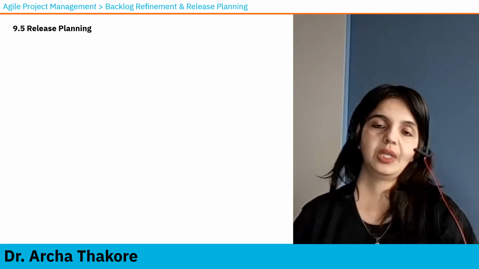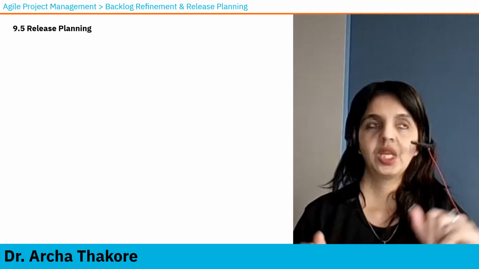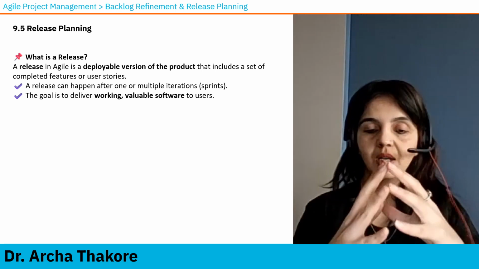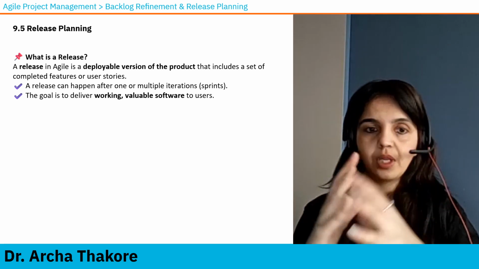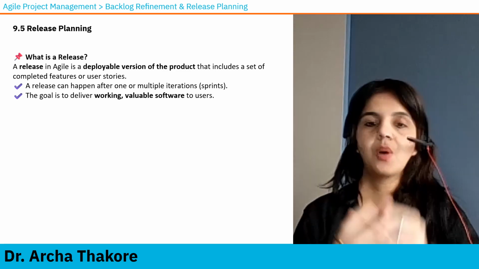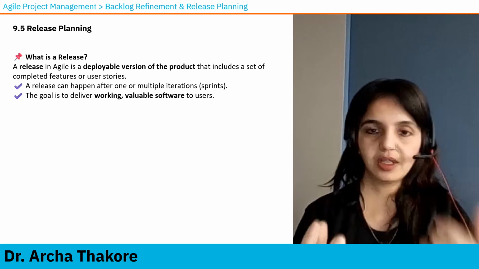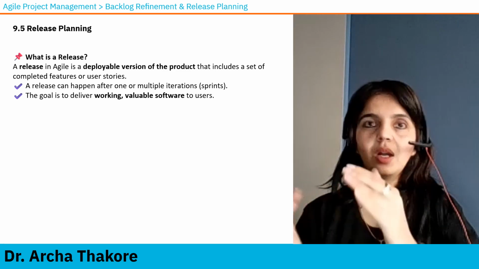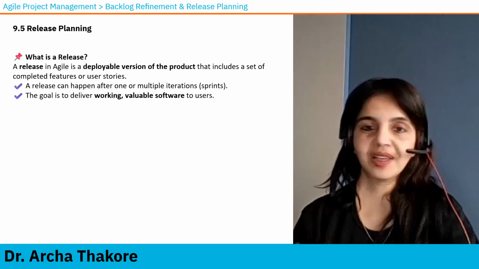Now we'll talk about release planning. What is a release? If you remember, we talked about incremental delivery and continuous delivery in Agile, that you need to continuously develop working software.